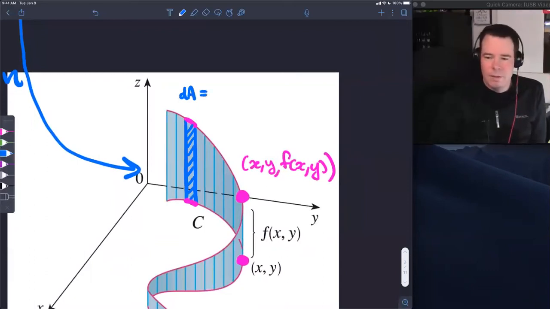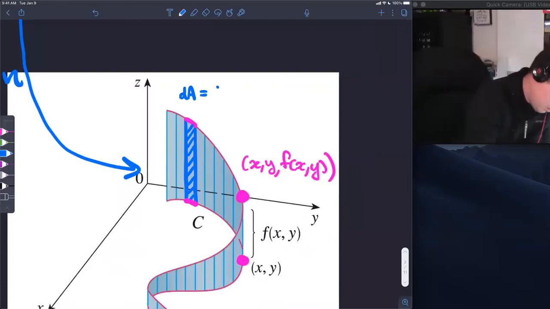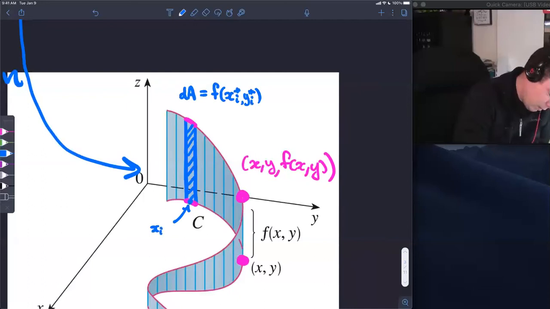Well, the area of this little bit is the height of this bit, which would be like f of xi star, yi star. Those would be our sample point in that interval. And so this is my height at that sample point.